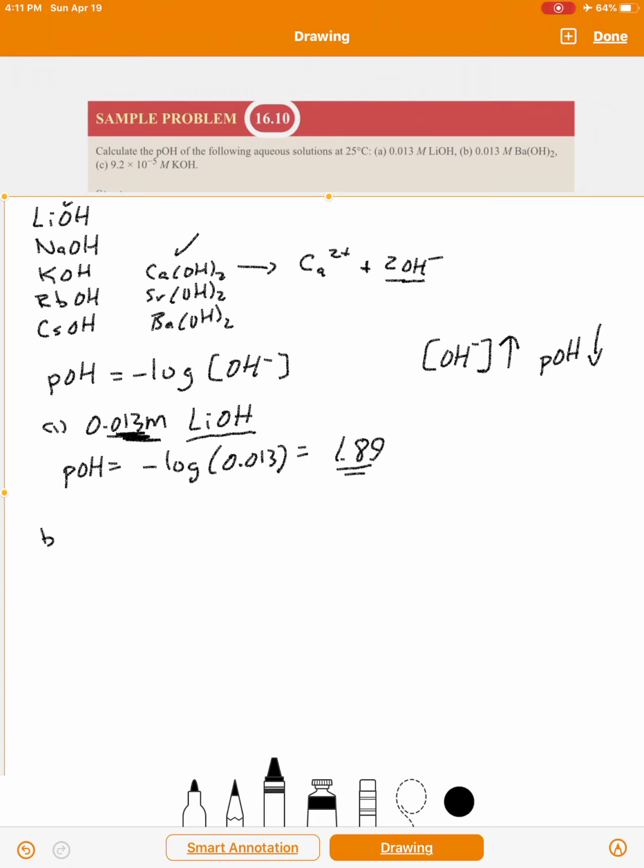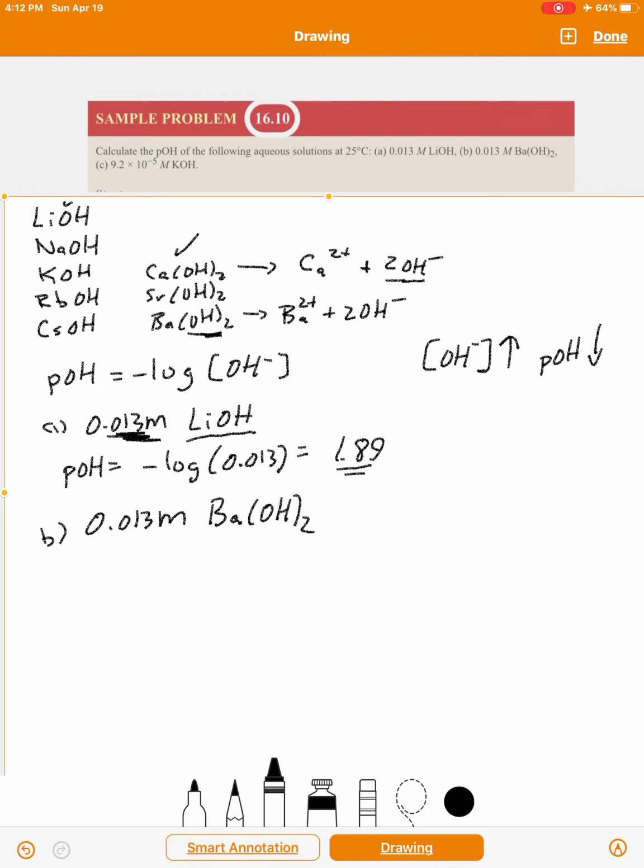So part B is 0.013 molar barium hydroxide. Now this one's put in there because barium hydroxide forms a barium ion, but it also forms 2 hydroxides. So the effect of this is to double the concentration of hydroxide.